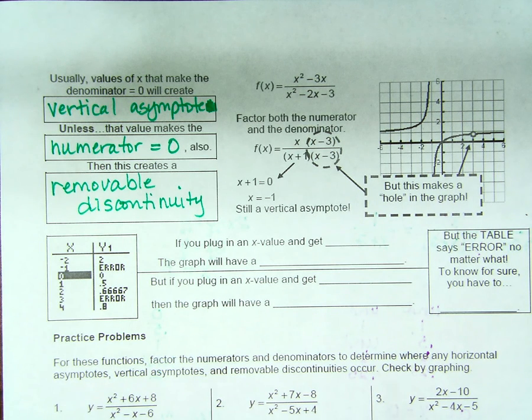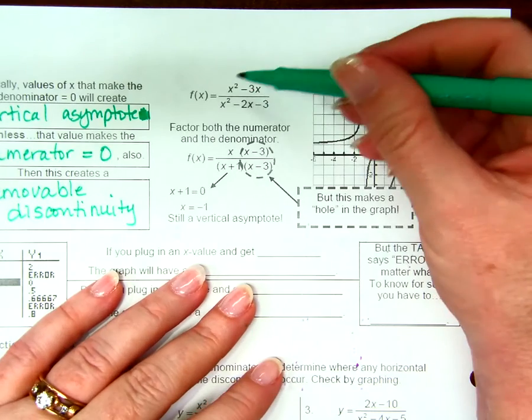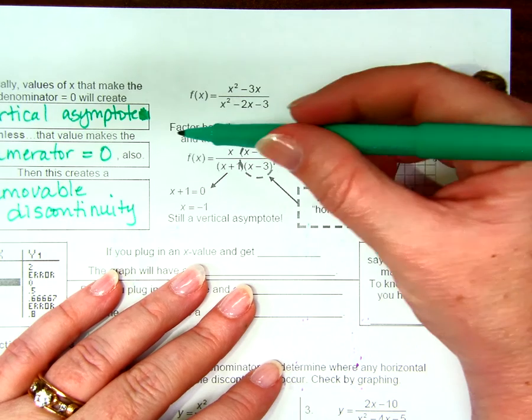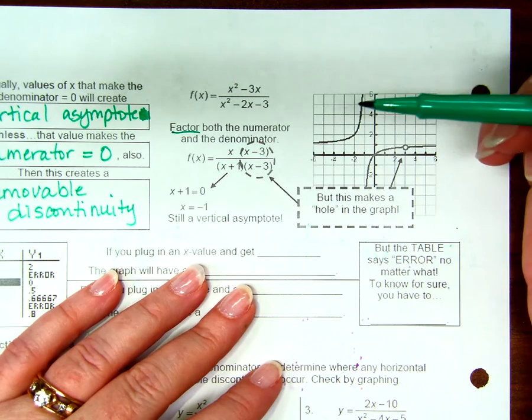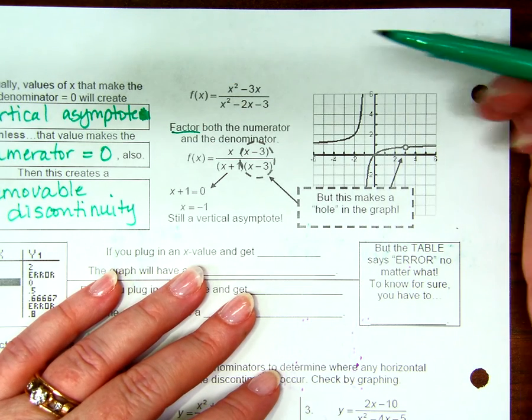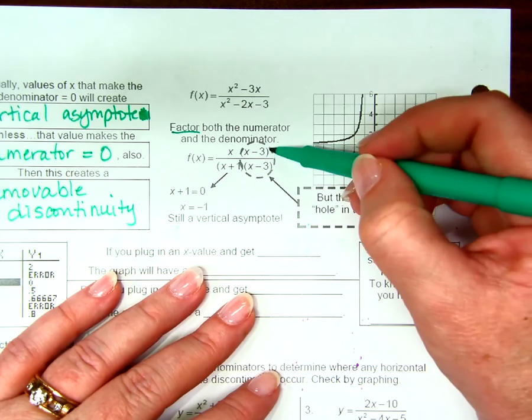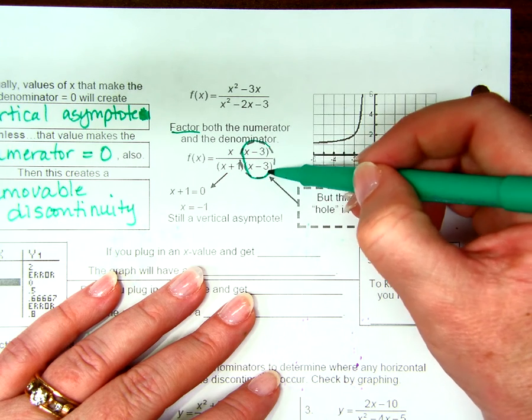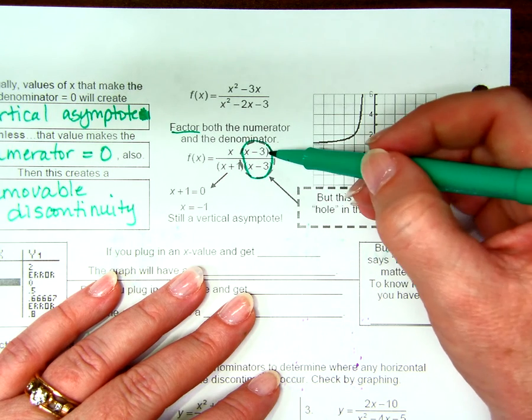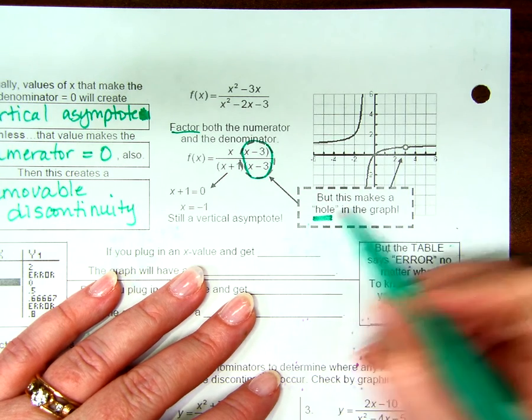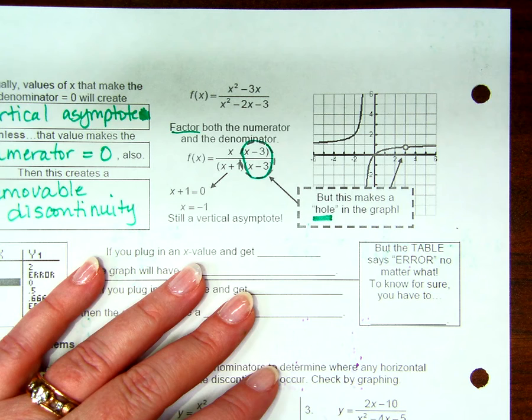Okay? So if this is the problem that we're given right here, first of all, we factor it. We talked about factoring already, yes? We factor it. If there's a factor in the numerator and the denominator that is exactly the same, that's going to give you a hole, a removable discontinuity.